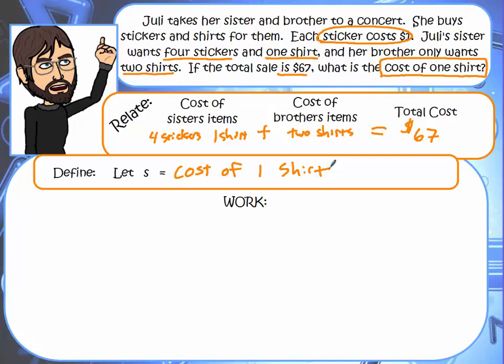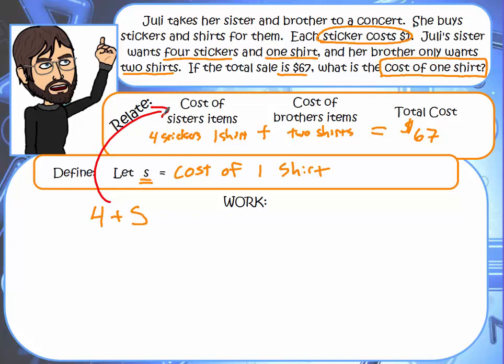Now I know exactly what I'm looking for, and I can start to create an equation using all this information. So if the stickers are $1 a piece and the sister wants 4 of them, well, that's going to be $4. And she wants 1 shirt. Well, a shirt is going to be defined as just S. So 4 plus S. That is all of the sister stuff.